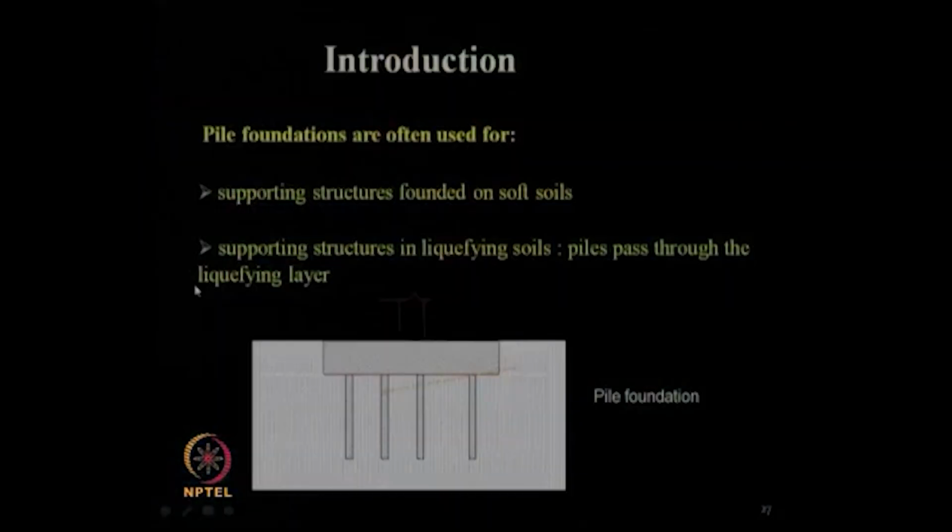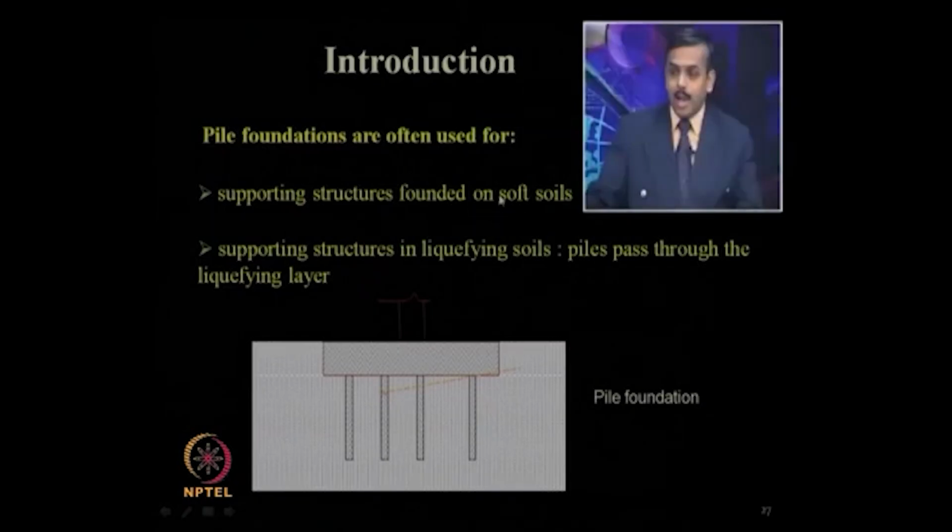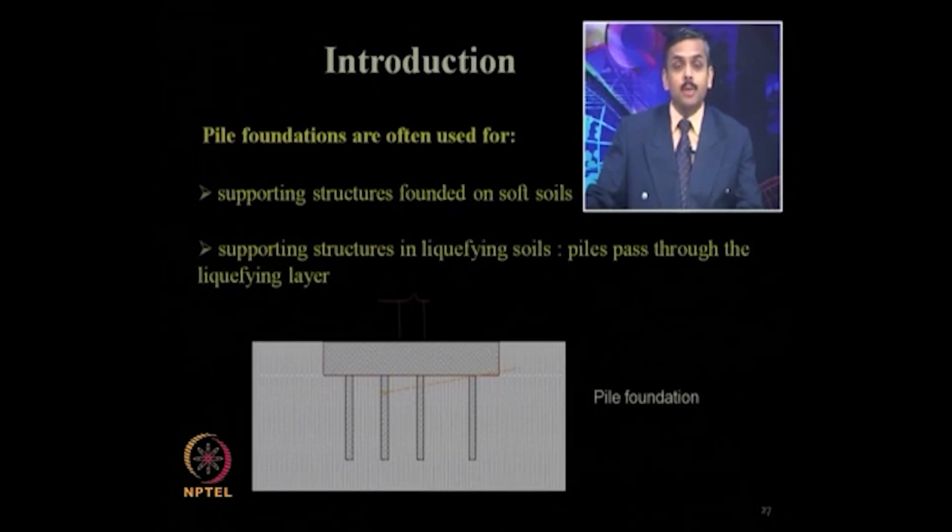So, now in the introduction, as we know where pile foundations etc. are going to get used. Now, for the soft soil and the supporting structures in liquefying soil, where the pile foundations of this superstructure pass through some liquefiable layer, what happens? When you are designing the capacity of the pile, suppose you have taken the skin friction component also to calculate the capacity of the pile.